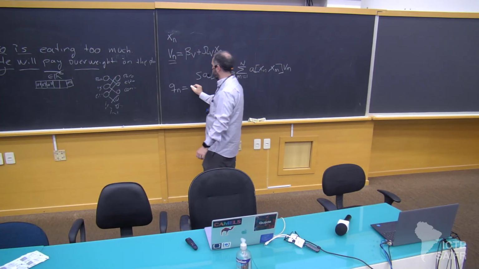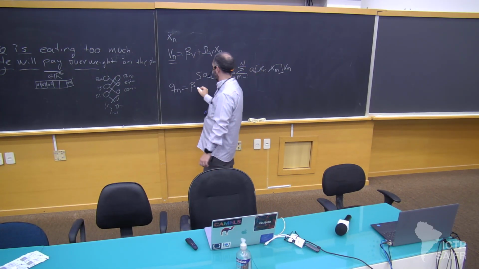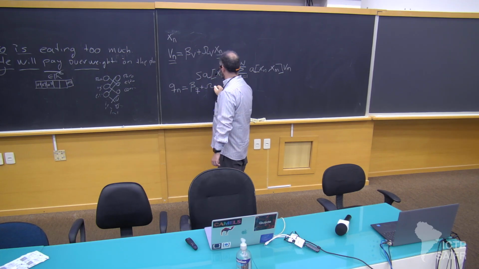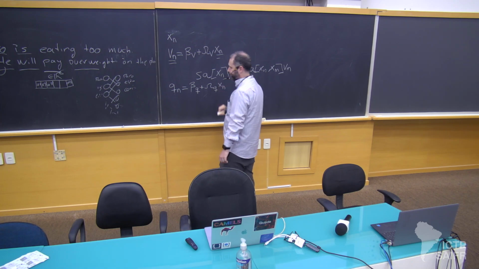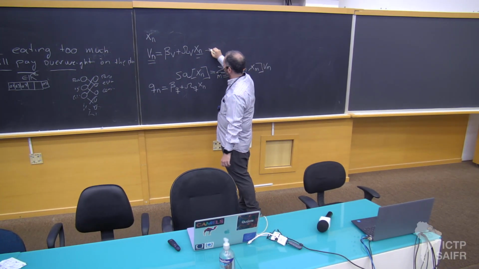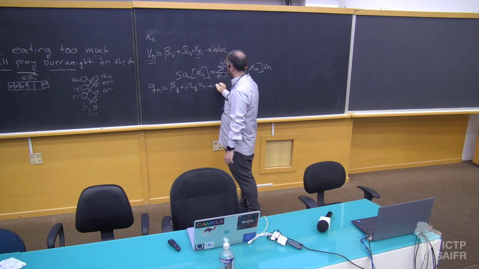It's going to be a linear transformation. So it's going to be like, let's say, beta q plus omega q times xn. Okay? So this is called, let me just put it here, the value. This is called the query.